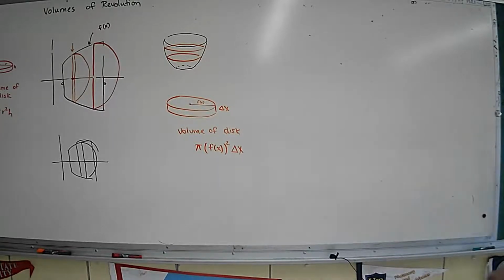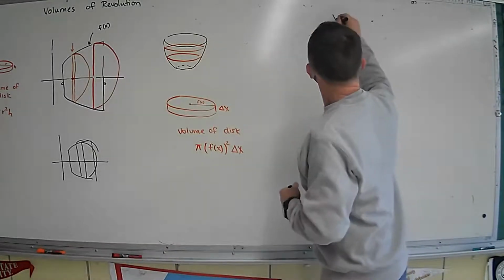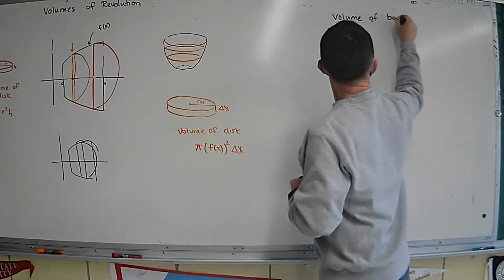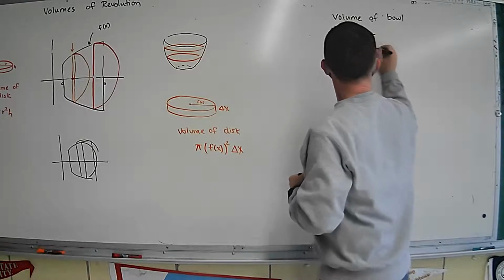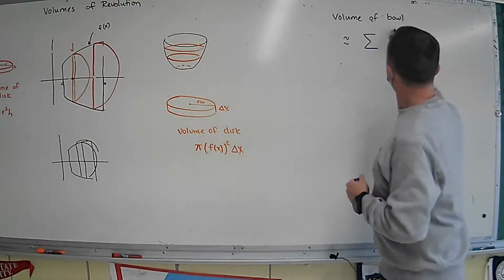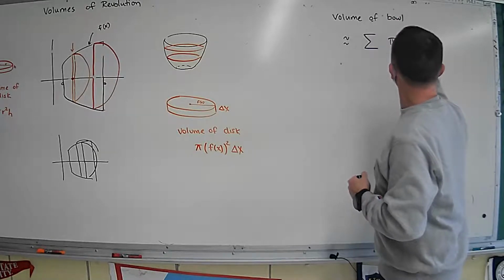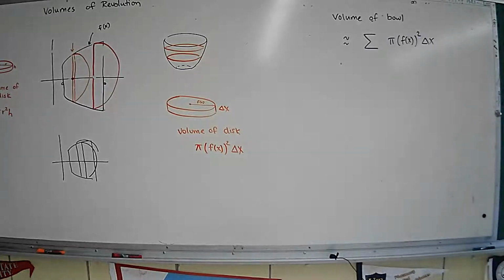So you could say that the volume of that bowl is approximately equal to the sum of however many of those disks that you want to do, right?